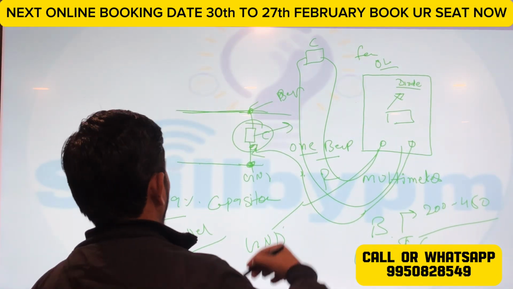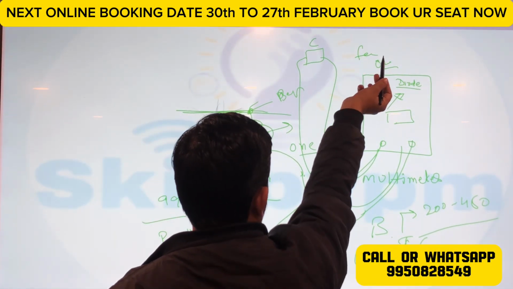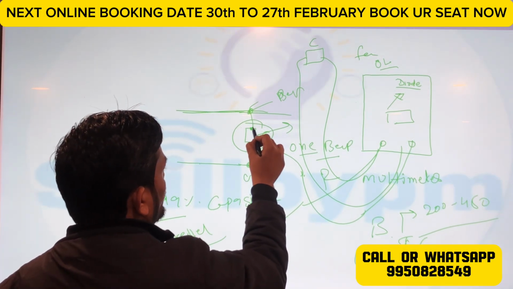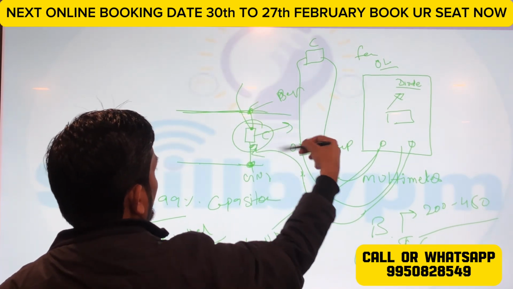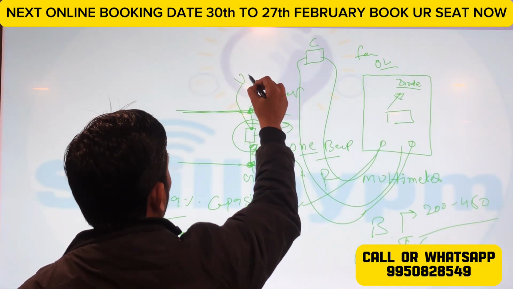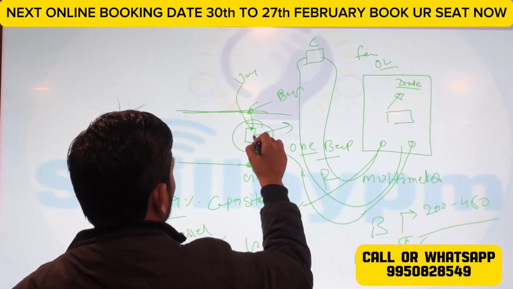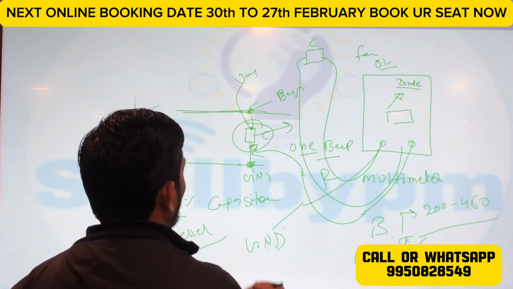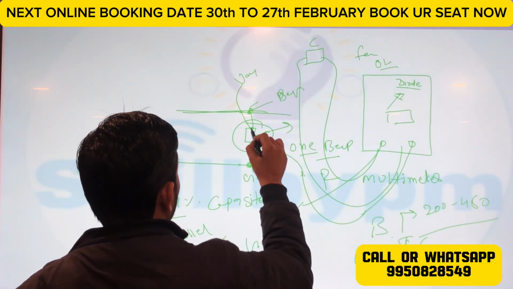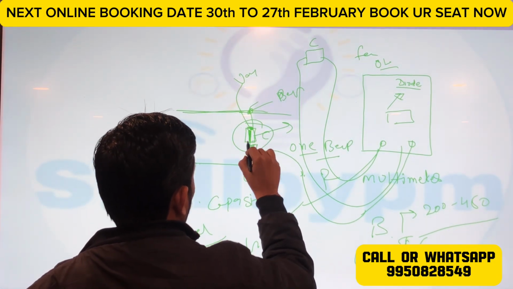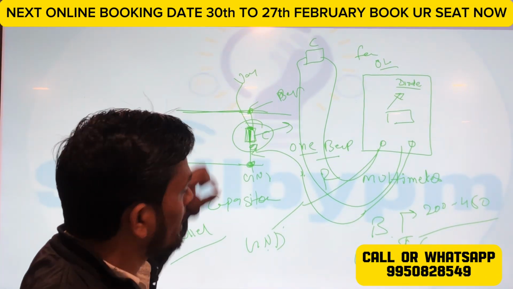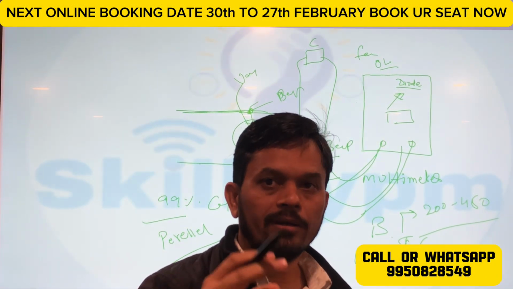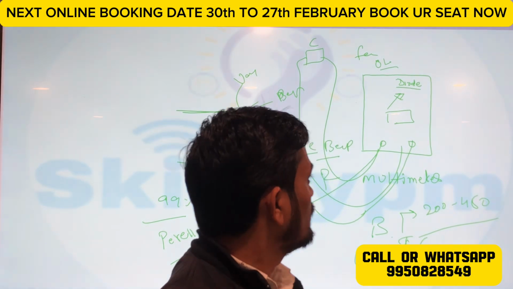And if this capacitor is okay, now we also check this point. If this point is getting a value, it means this line is okay. Possibly some resistance was making it here. Okay. So this is a simple way to find whether a capacitor is faulty or okay.